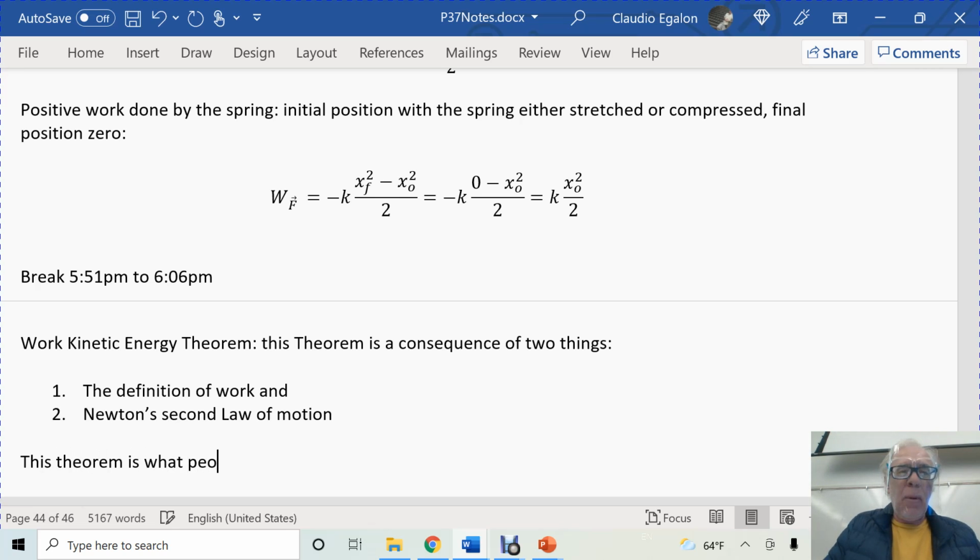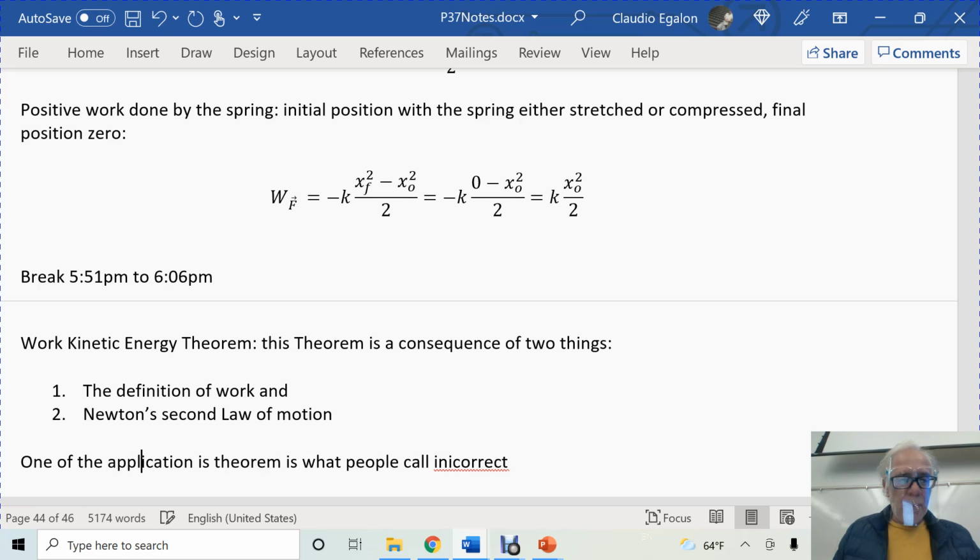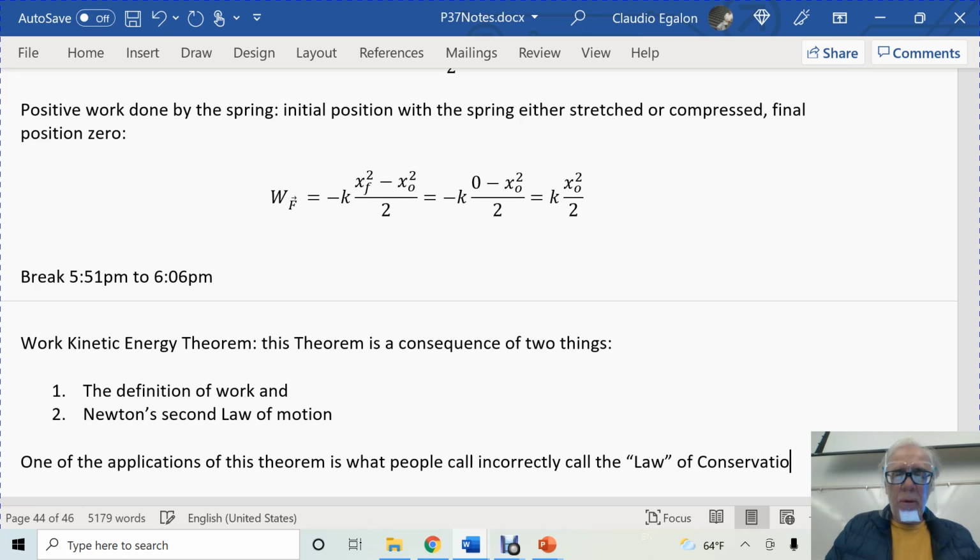One of the applications of this theorem is what people, even books, incorrectly call the law of conservation of energy.